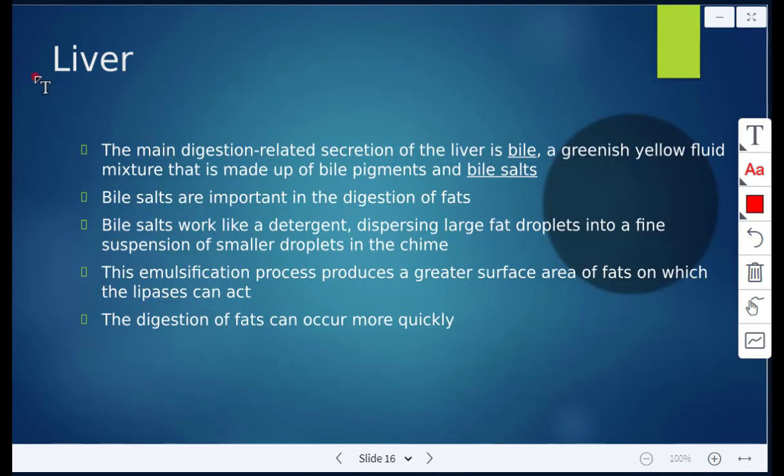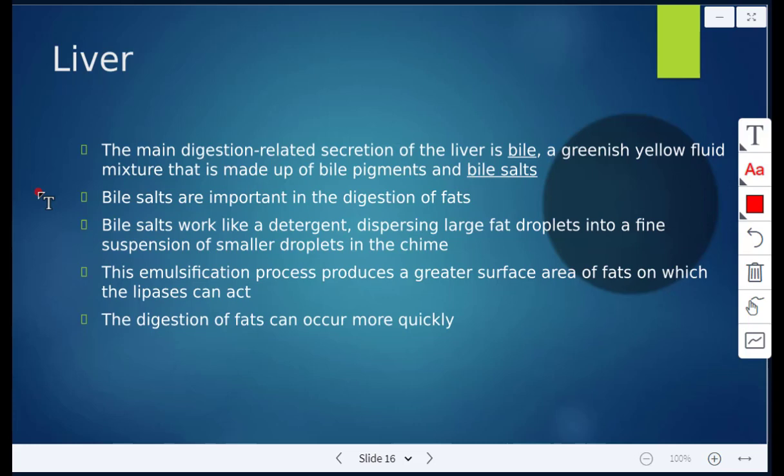The liver. The main digestion-related secretion of the liver is bile. It's a greenish yellow fluid mixture that's made up of bile pigments and bile salts. These bile salts are important in the digestion of fats.